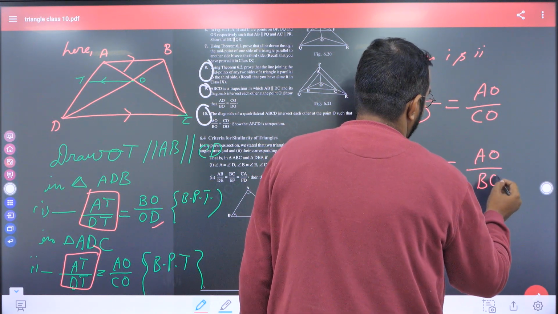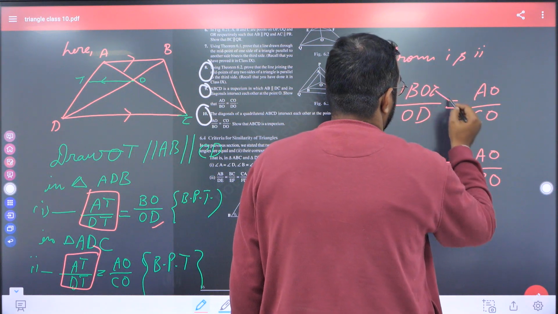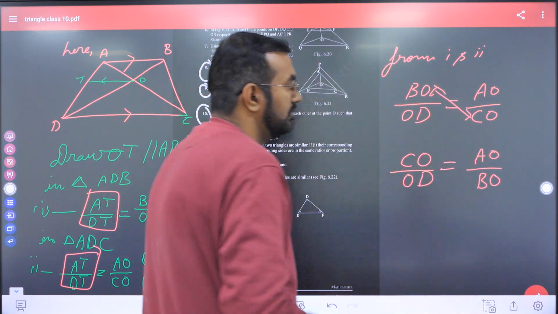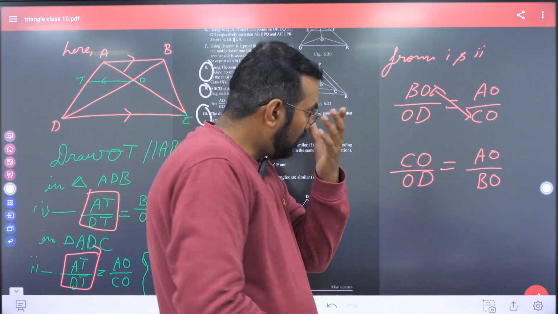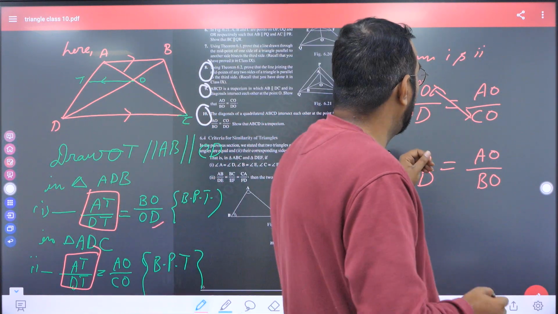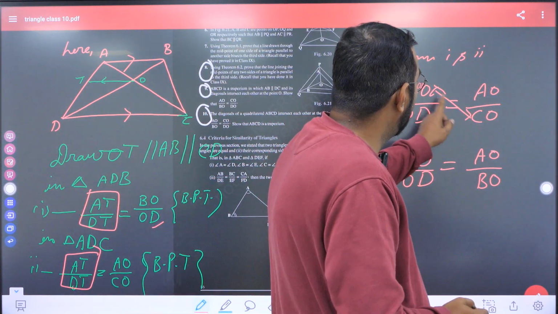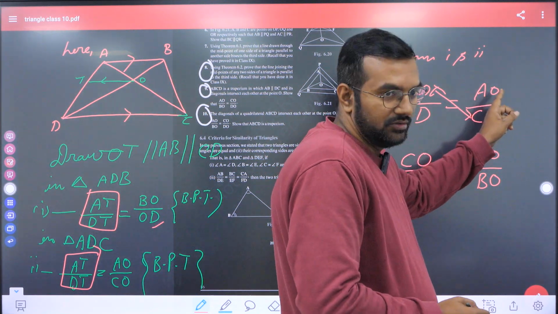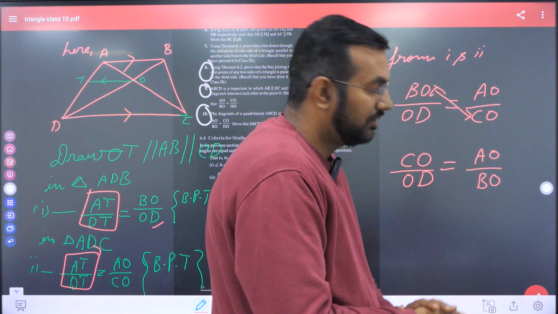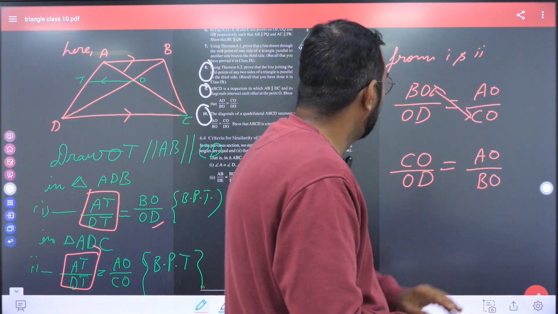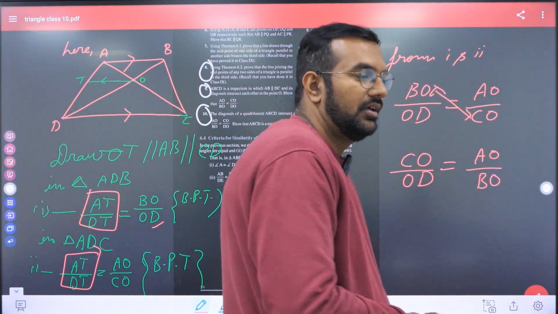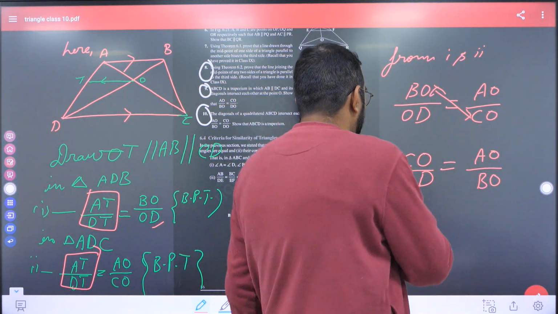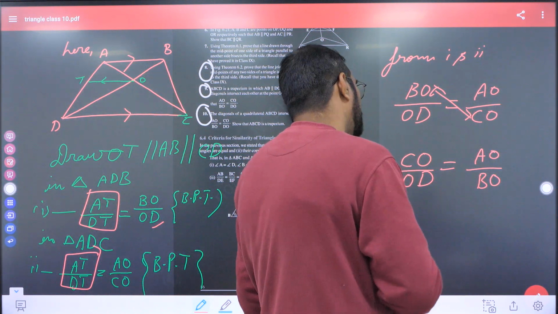By transposing means interchanging these two things. Sir, इसको cross multiply करके भी कर सकते हैं. In cross multiply, we multiply this by this and this by this also. But here we have only transposed CO to this side and BO to this side. Both are right.